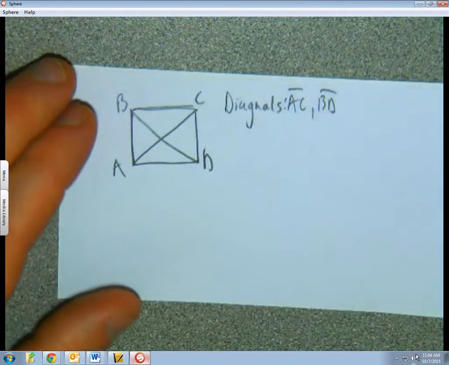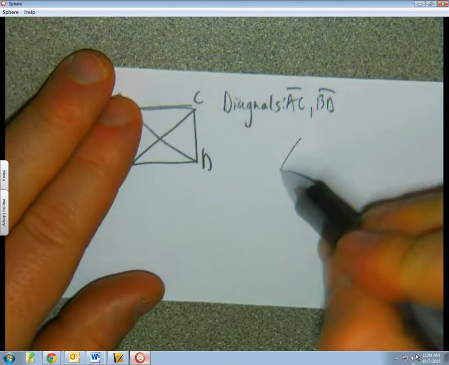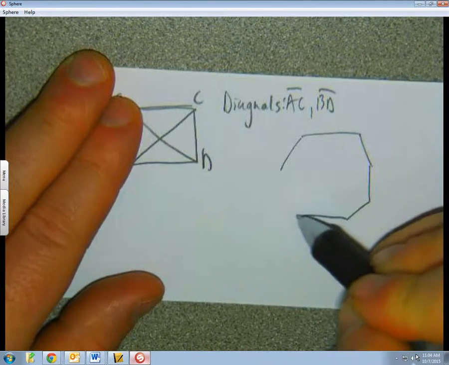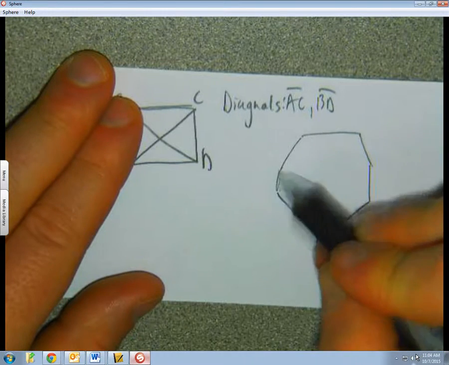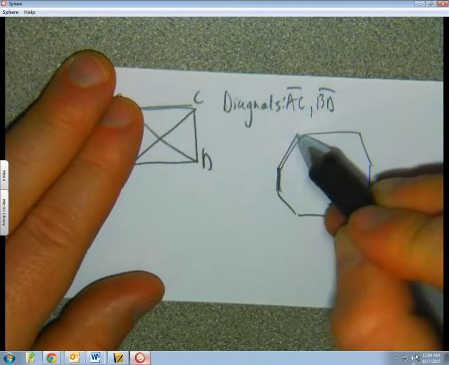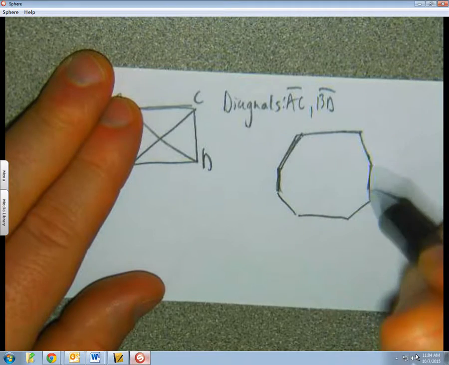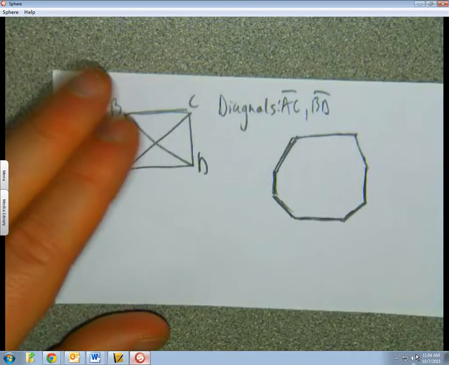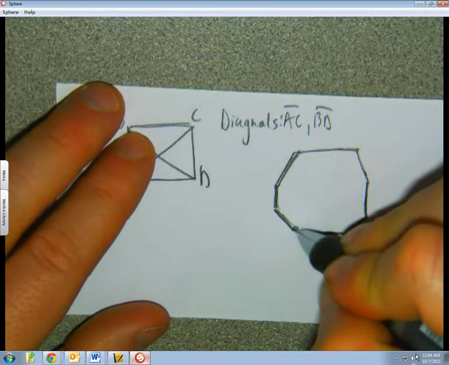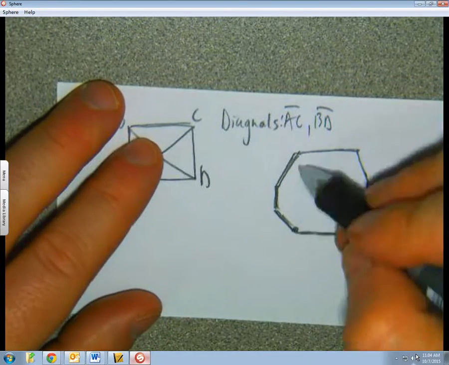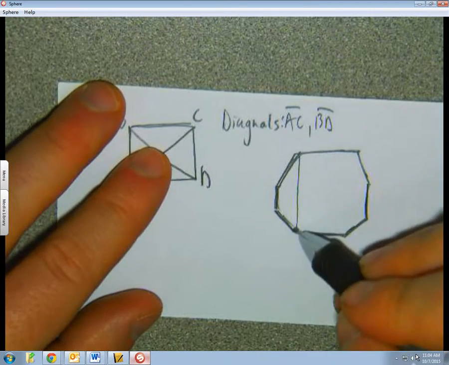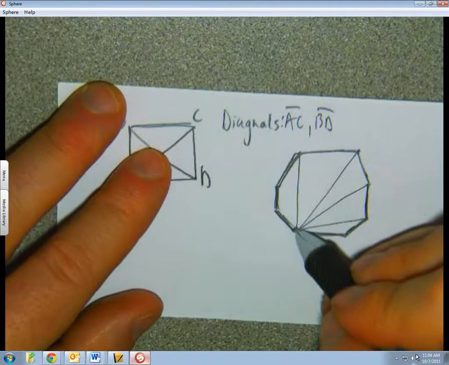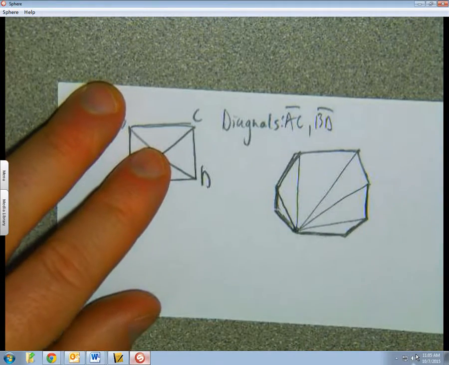Okay, so but let's expand it a little bit. Not the best, but it'll play. Okay, so as long as we're going not to the one right next to it, any of these would fly. All of these are diagonals.